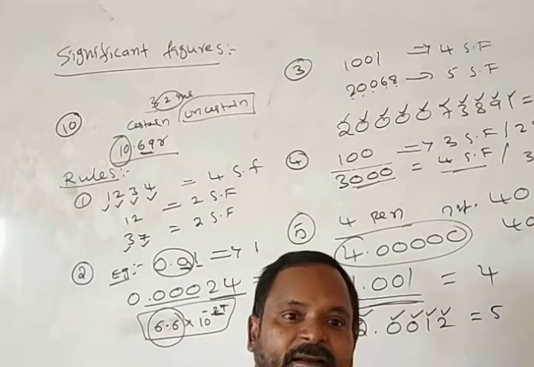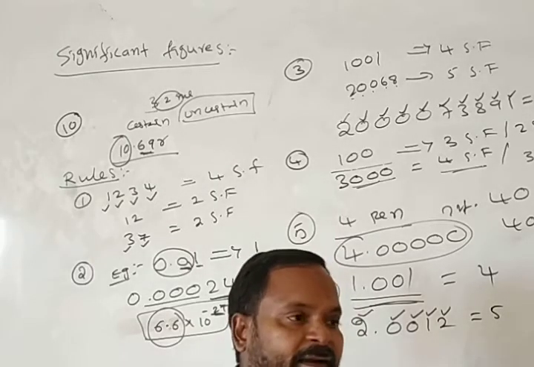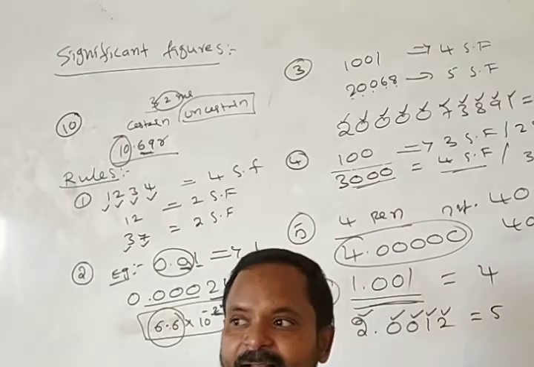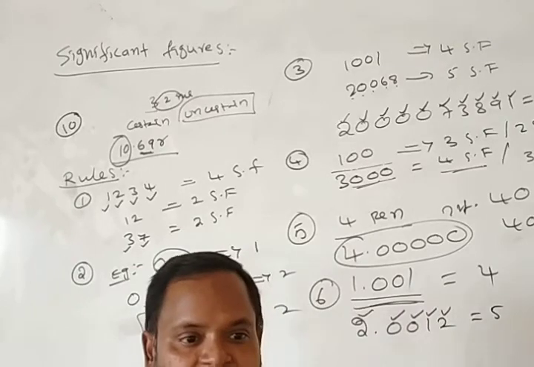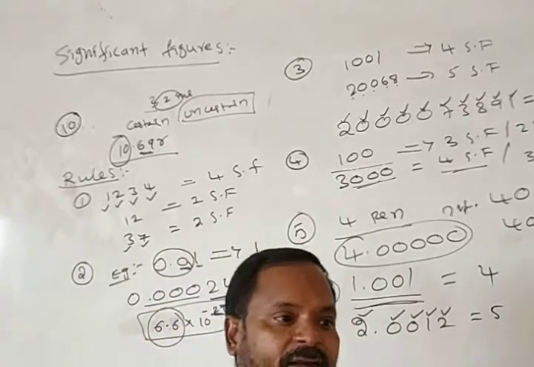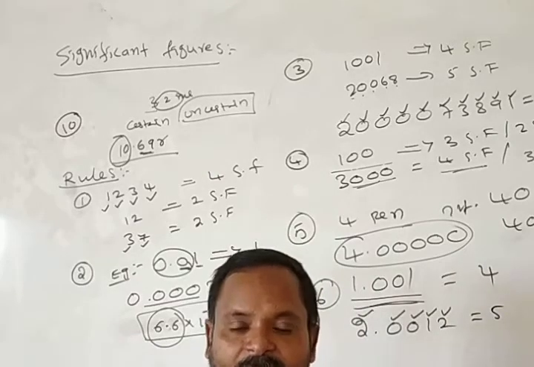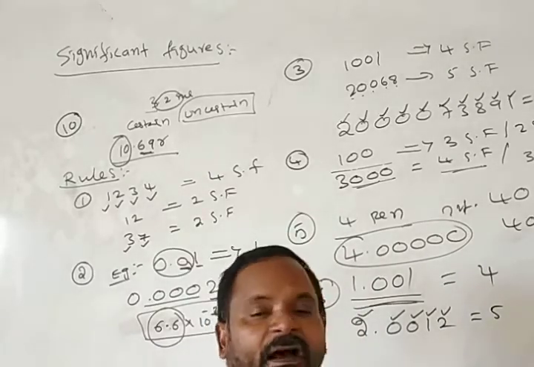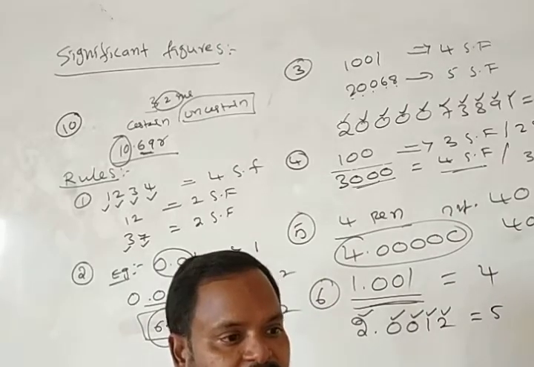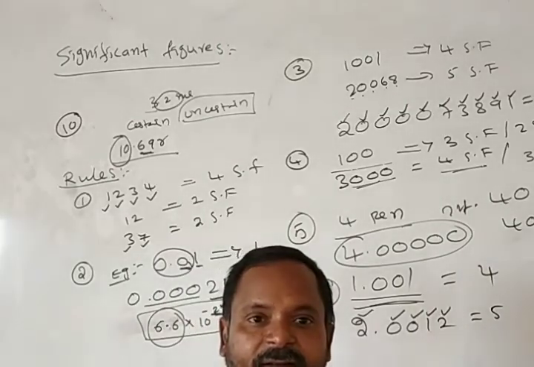We consider 30 benches; 30 is significant. We consider 1 chair; it is also significant. If we do not consider the board, that is not significant. If the class contains 30 students, 30 is the significant figure.